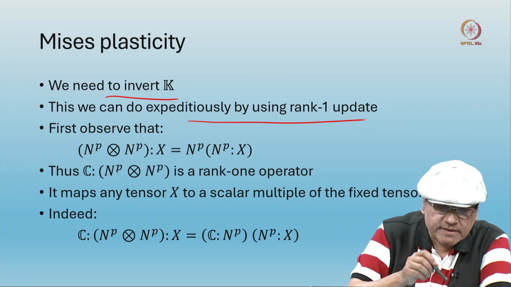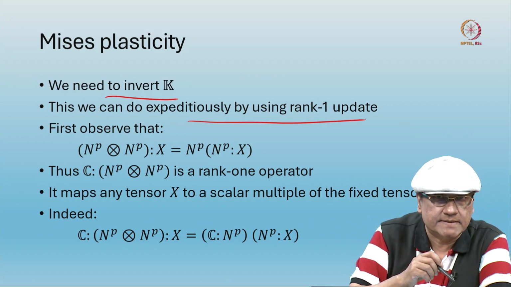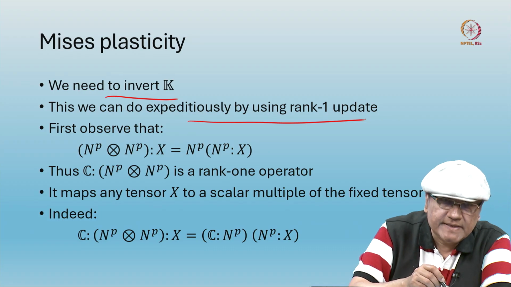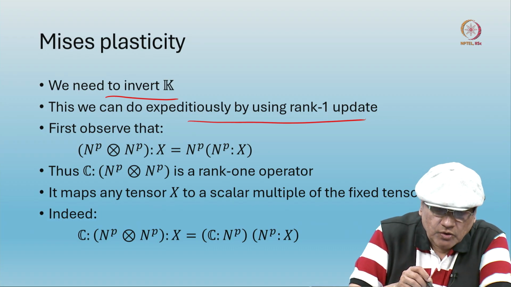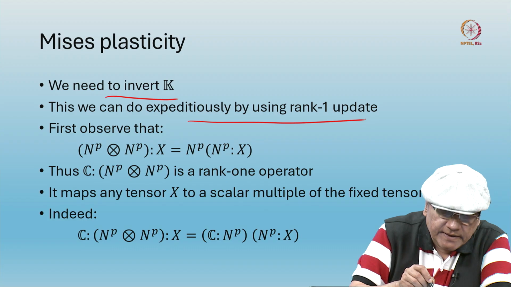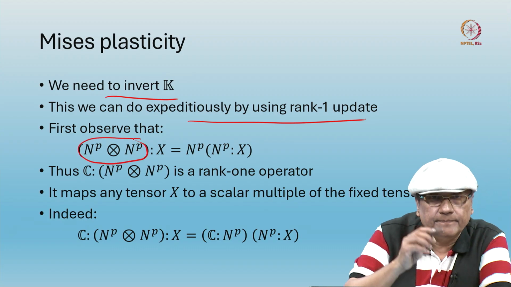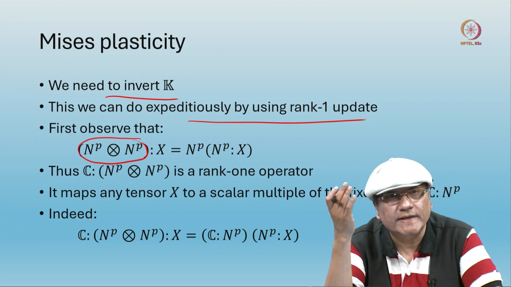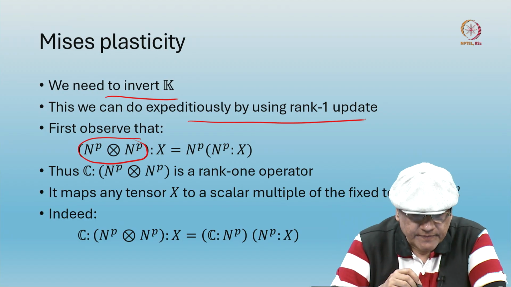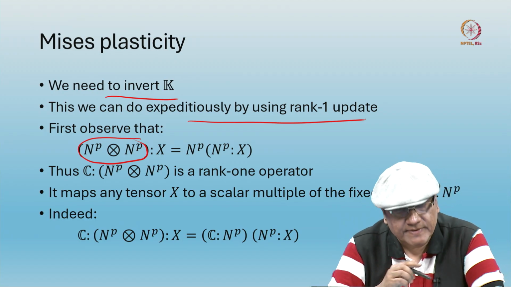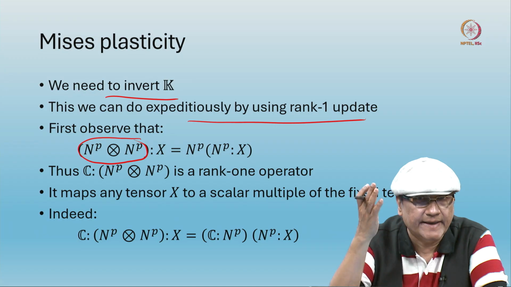So let us first observe a few basic things. For example, np is a tensor, right. So now you think of the tensor product of two tensors, inner product of that result with x, some x, okay.